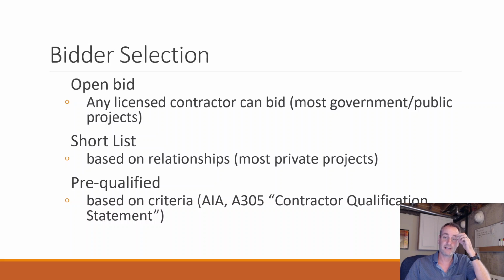When we talk about selecting bidders for a project, there are three different methods. One is an open bid. It's usually for government, public projects, because you have to worry about the potential for discrimination if you didn't do that. So if you're a government entity or if it's a public works project, then you have to open up to everyone, right?